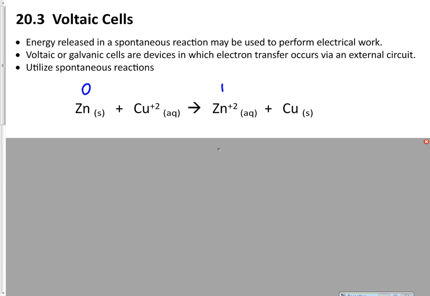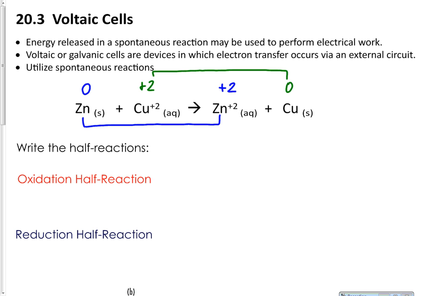But over here on the right-hand side, it's got a +2 charge. That's what the zinc is doing. Now the copper starts at a +2, but it finishes at a 0. Just think about this for a moment. One of these is oxidized, one of these is reduced. Reduced means the charge goes down. So the copper is reduced and the zinc is oxidized.